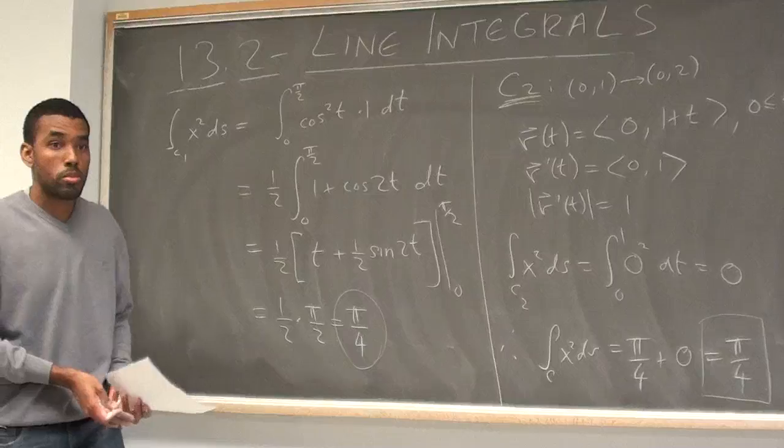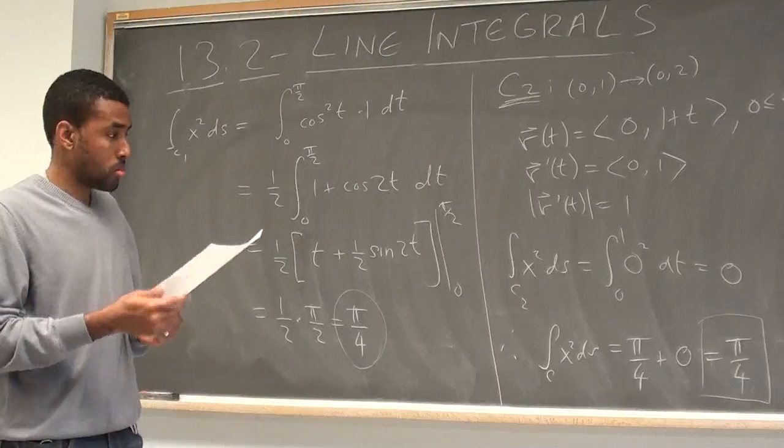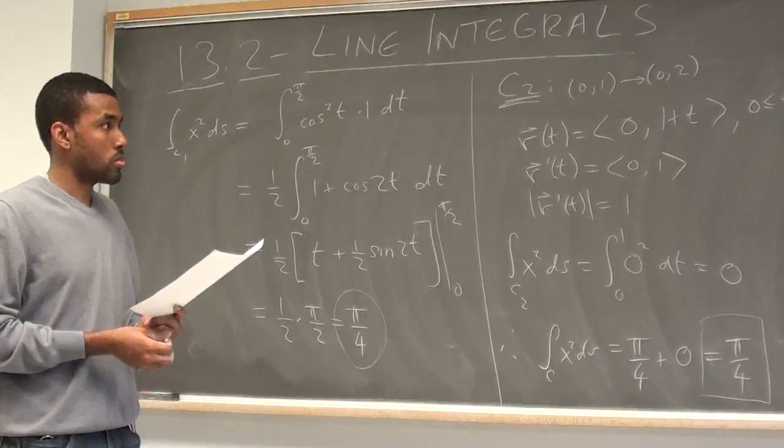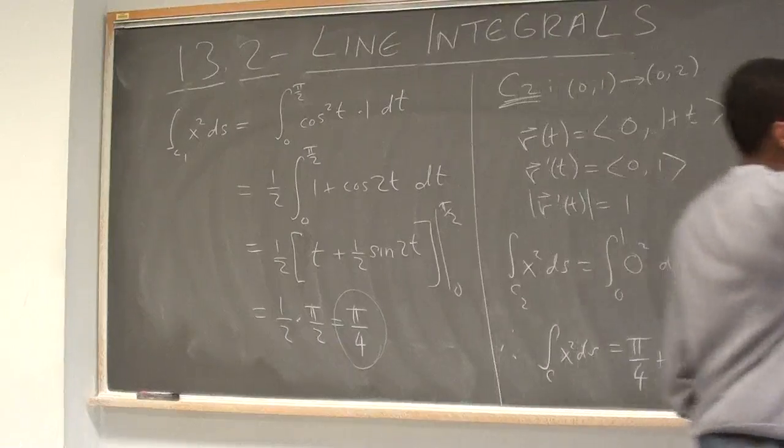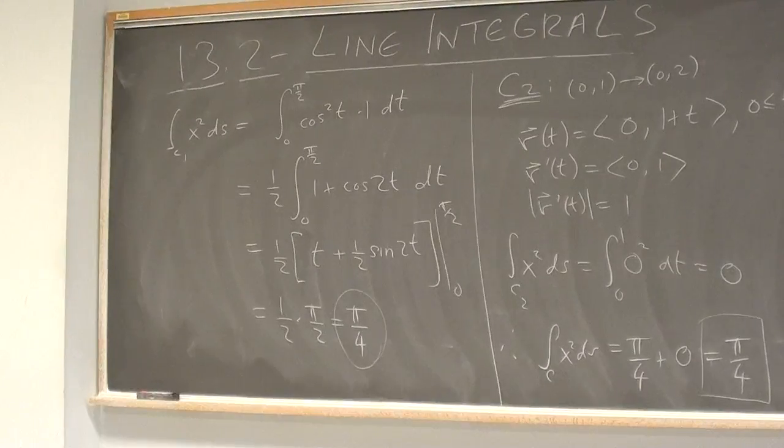Yeah. Can you do perhaps a visual representation of C2, the straight line, and why it completely drops out? Right here. So this would be C1, this would be C2. This is the picture that would be helpful.